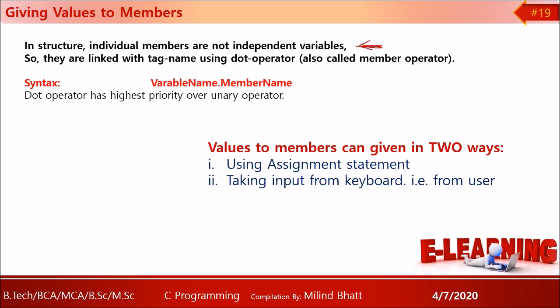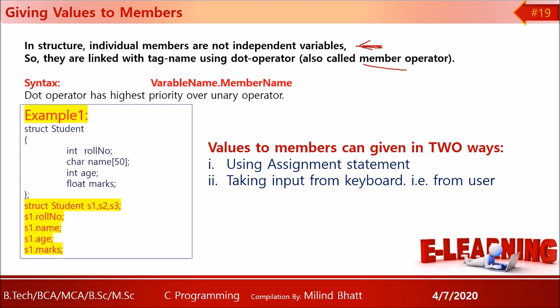In a structure, individual members are not independent variables, so they are linked with the tag name using the dot operator, which is also called the member operator. So its syntax will be variable name, dot, member name. In this way, I can call an individual member of my tag. The dot operator has the highest priority over the unary operators.